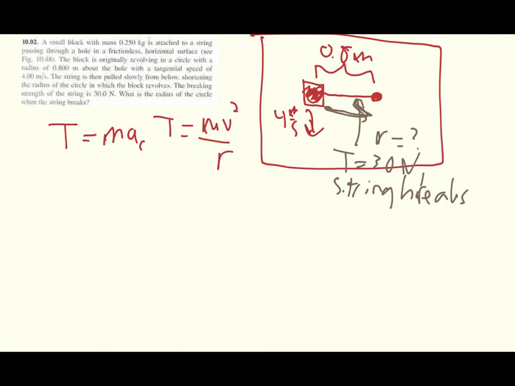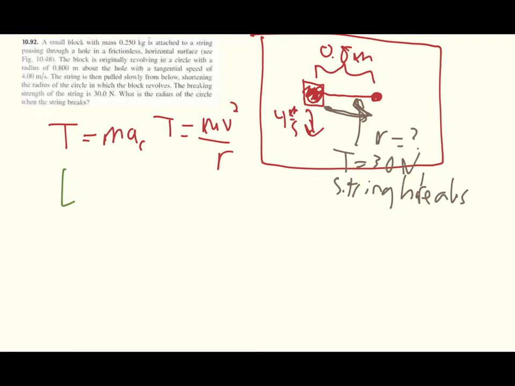So the angle between the force and the radius is 0, and there's no torque there. So what that means for us is that since there are no external torques on the system, angular momentum is conserved.